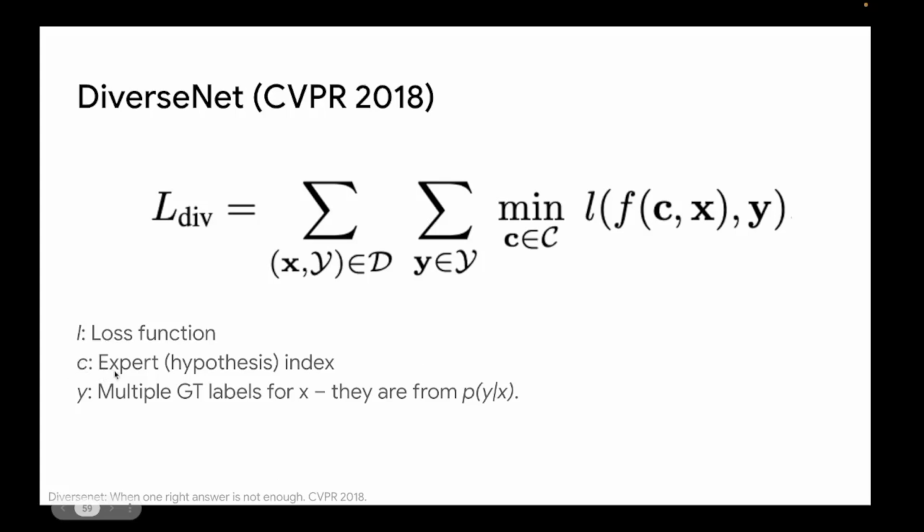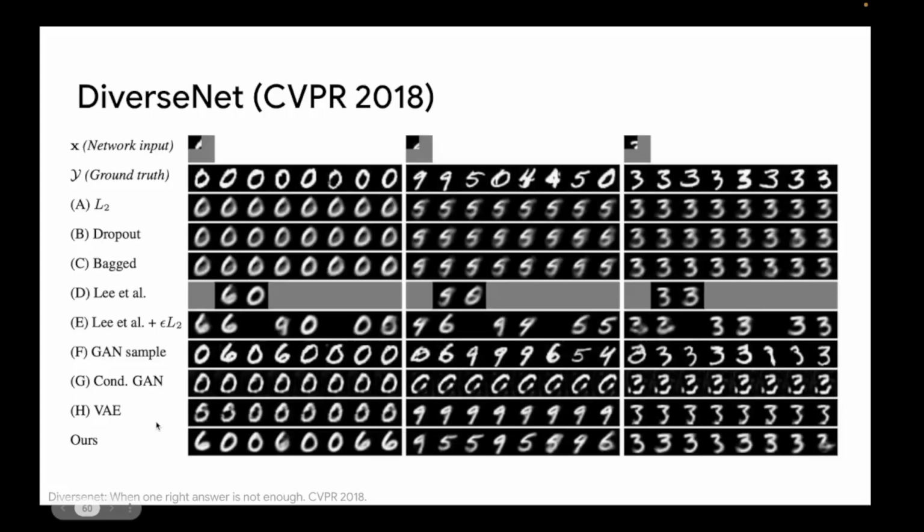So C here is expert index. And you're just training the most correct experts. And if you do that, here's ours. And the task here is to in-paint the rest of the quadrants. And yeah, it predicts these diverse possibilities pretty well.